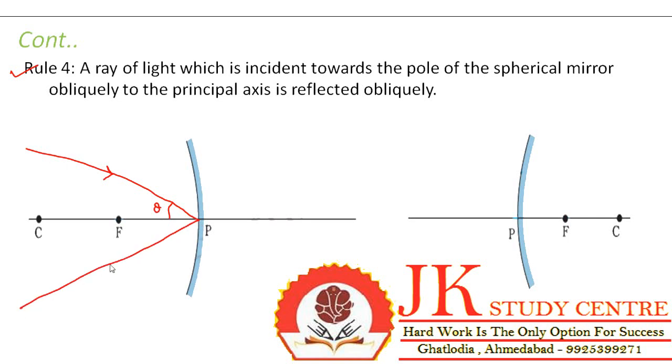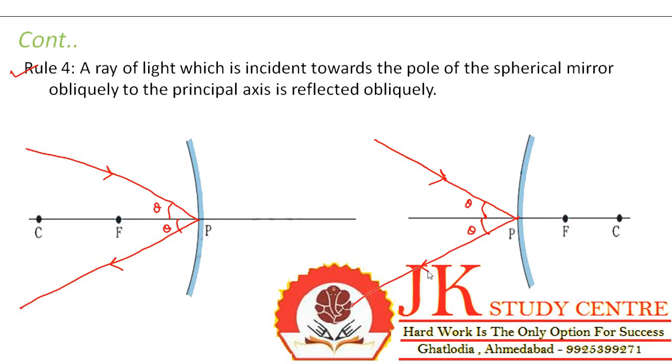That means the reflection will also happen obliquely with the principal axis. So this is how it will happen for a concave mirror. Similarly in case of a convex mirror, the same thing will happen. If a ray of light falls towards the pole making some angle theta with the principal axis, it will go back in a similar manner. So this is your incident ray and this is your reflected ray.